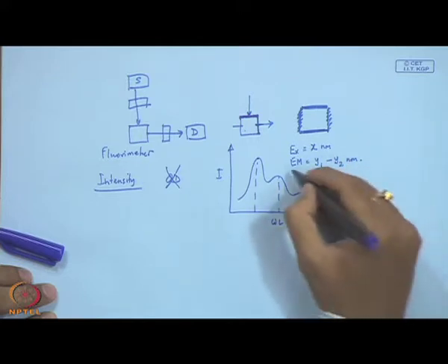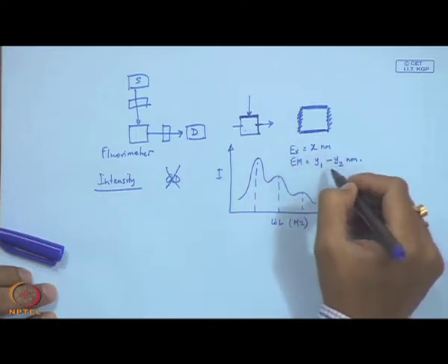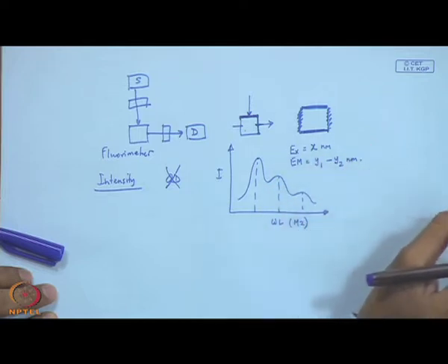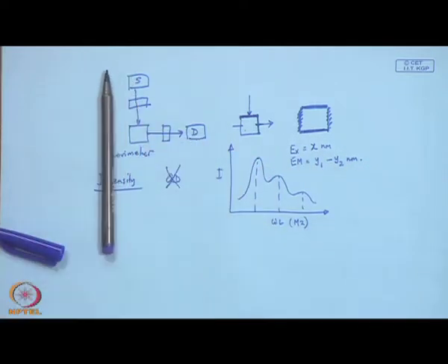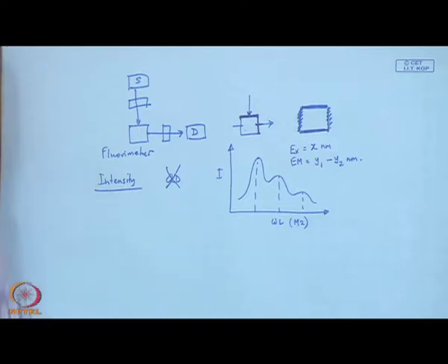This way you have to write. That will make sure it is clear where you excited the sample and from which wavelength to which wavelength you have plotted the spectrum. So this is the simplest fluorimeter which we generally use in everyday fluorescence spectroscopy.